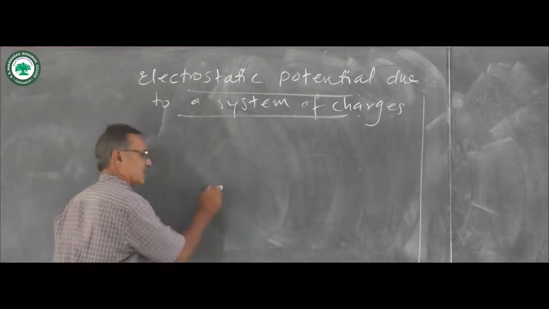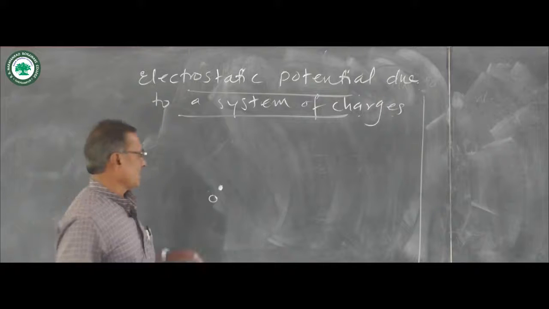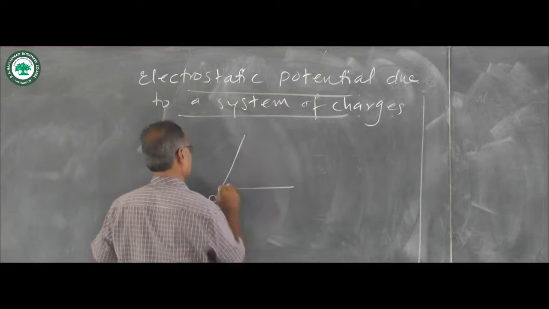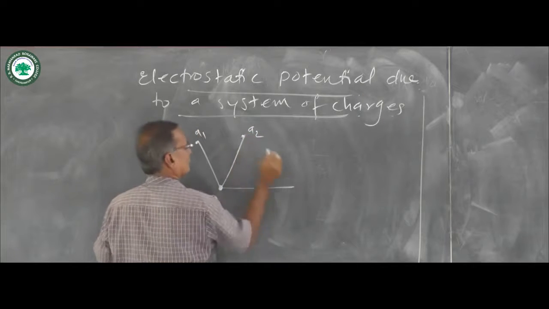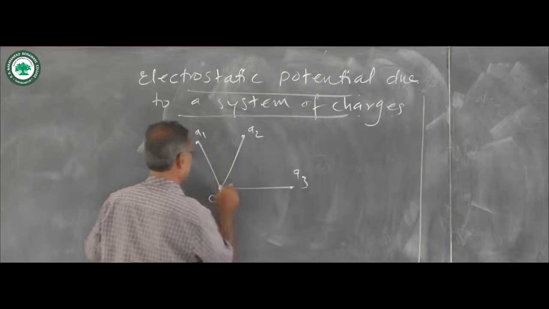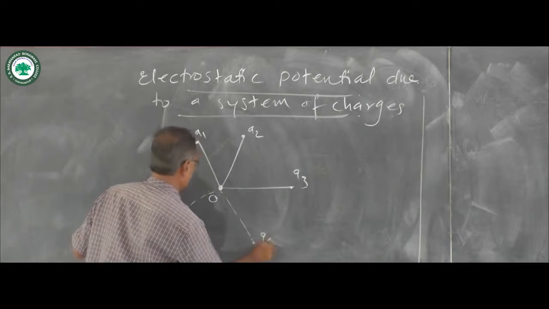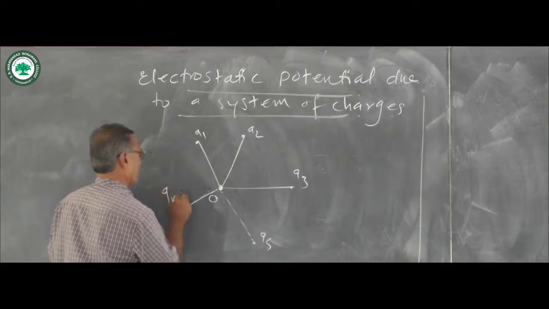Suppose at point O, the charges are Q1, Q2, Q3, Q4 and so on, up to Qn.